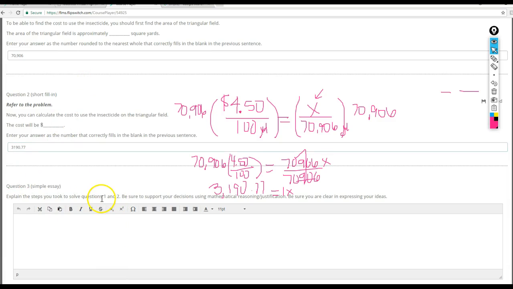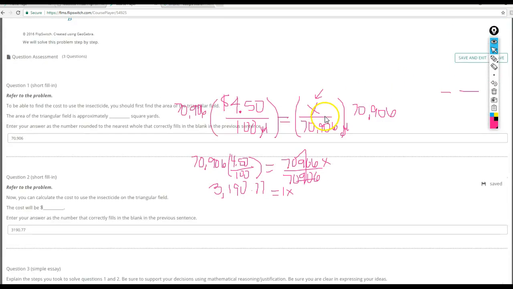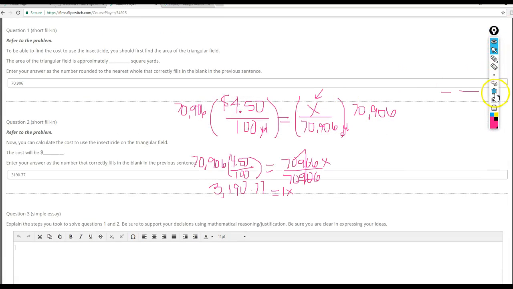Explain the steps you took to solve questions 1 and 2. So question 1.